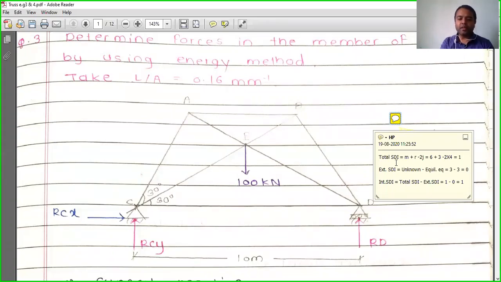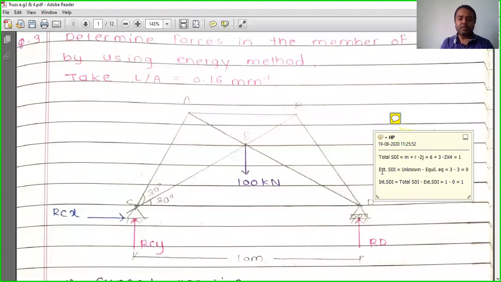Now this total SDI we are getting 1. That means the given structure is indeterminate type of truss. We know the structure is indeterminate, but we have to find whether the given structure is internally or externally indeterminate.